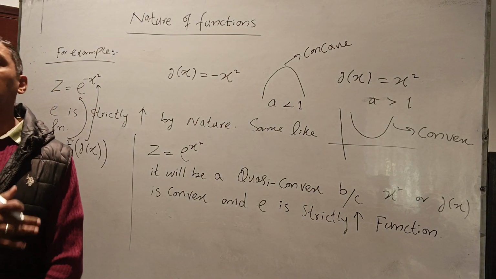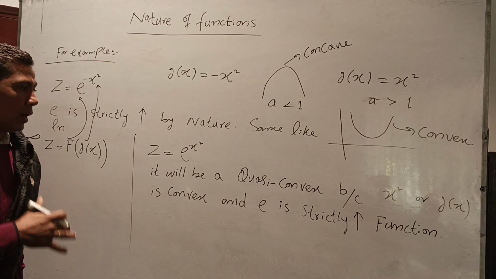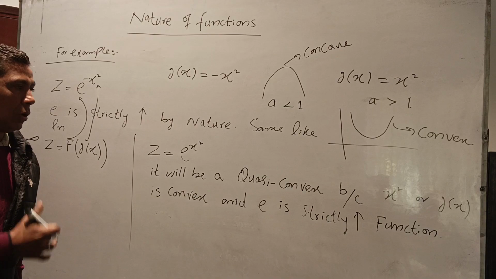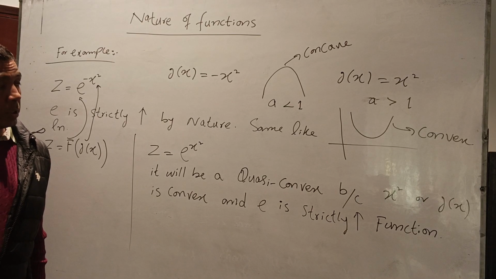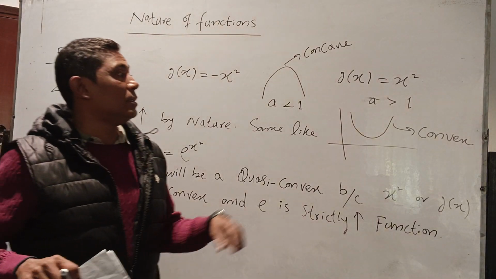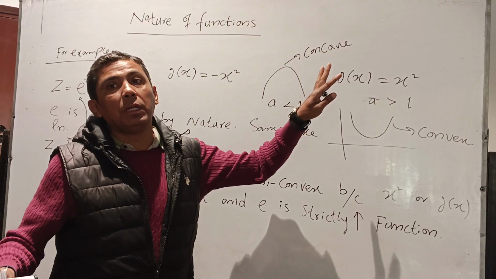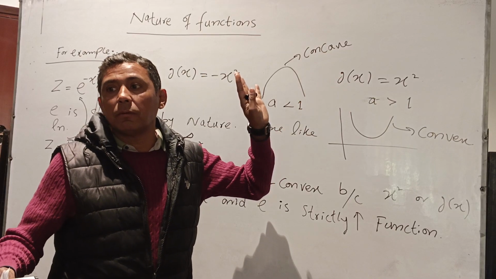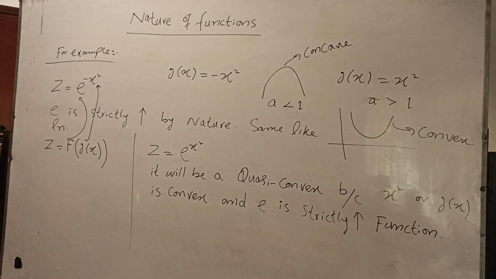So these are some theoretical understandings or definitions of why we take the exponent of functions or the log of functions. And a strict assumption is that ln should be greater than 1. It should not be less than 1. Otherwise, it will change the nature of functions. Clear?